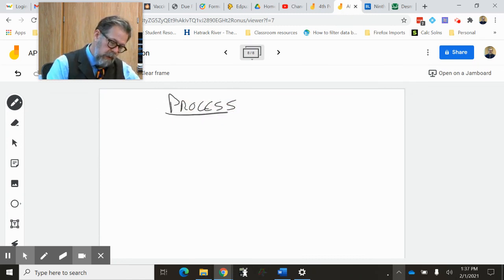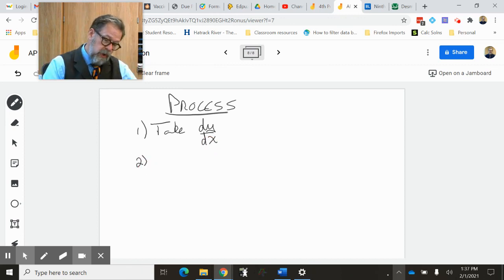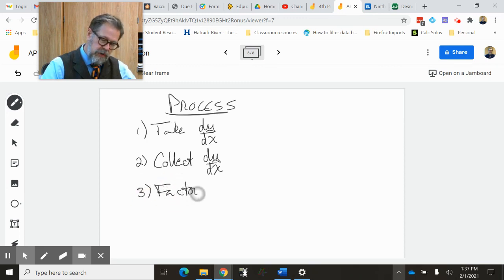All right, let's very quickly just write down this process. Number one, you're going to take the derivative with respect to x. You're going to use your chain rule. You're just going to work your way across. Number two, you're going to collect the dy dx terms on one side of your equation. Number three, you're going to factor out the dy dx.